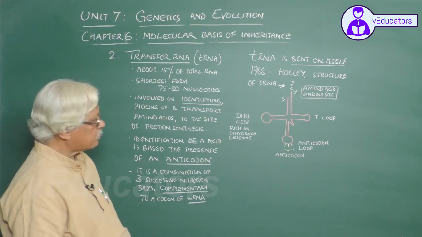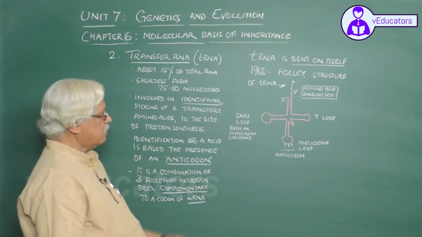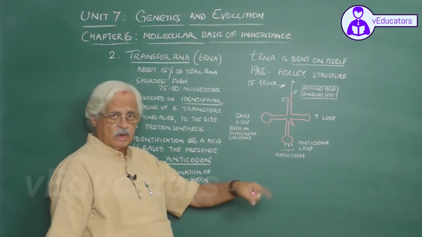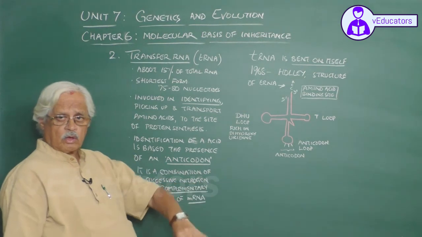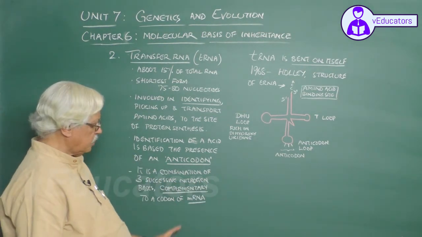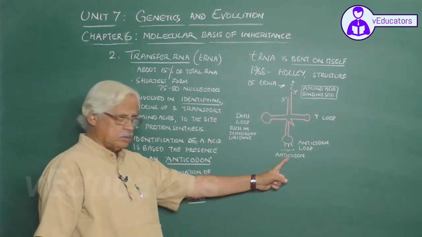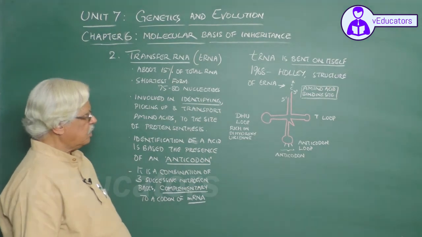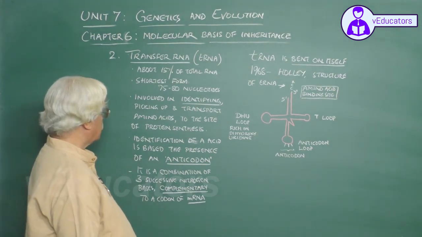Therefore, the number of tRNA molecules will be equal to the number of codons involved in protein synthesis, because for each codon there must be an anticodon. Again, we will see that in detail later.